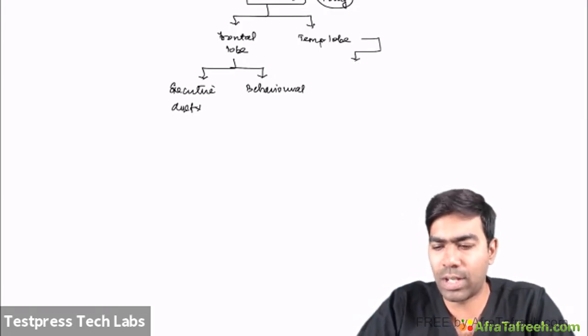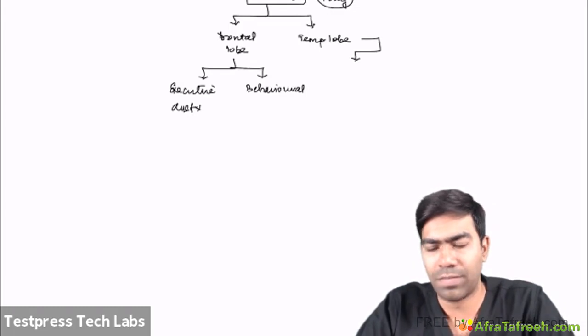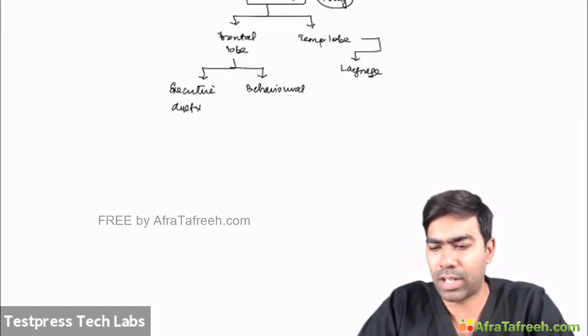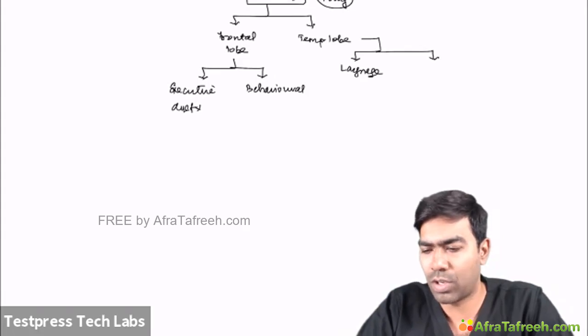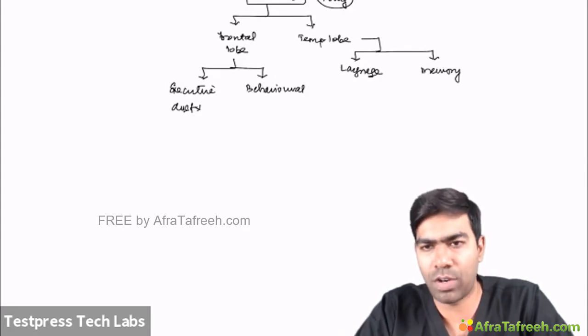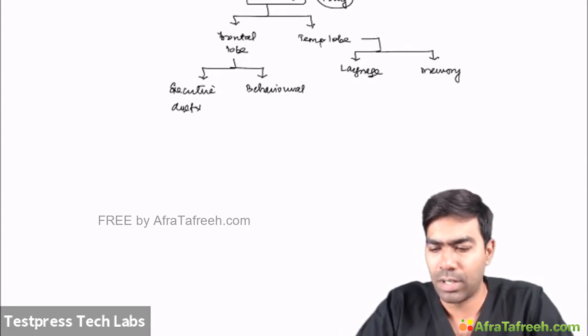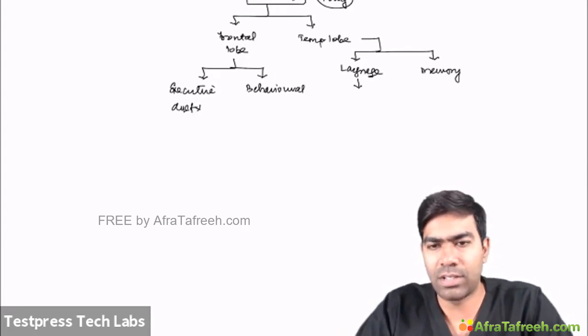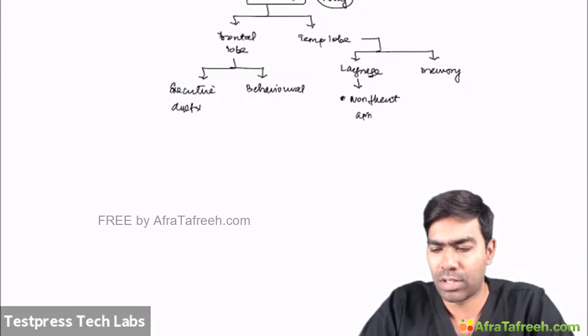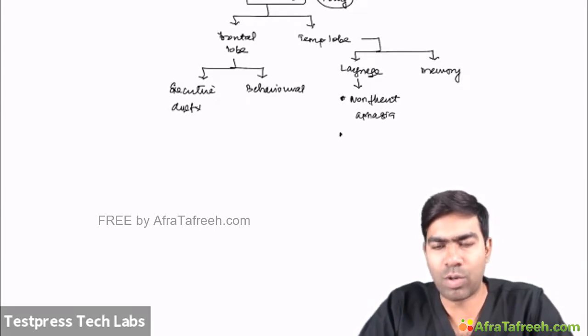There are two things that the temporal lobe is involved with: one is language, and the second is memory. Even though memory impairment is not very prominent in frontotemporal dementia, it can still happen. As far as language is concerned, there are many different types. We have the non-fluent aphasia variant, which will mimic a little bit of a Broca's-like picture.